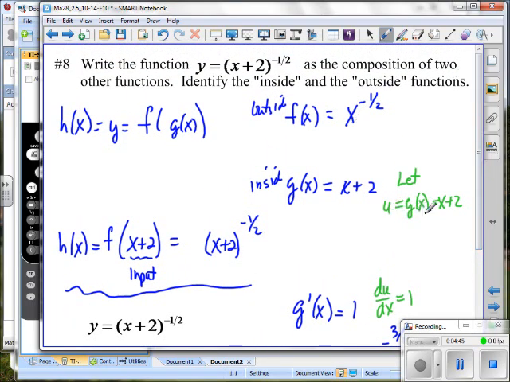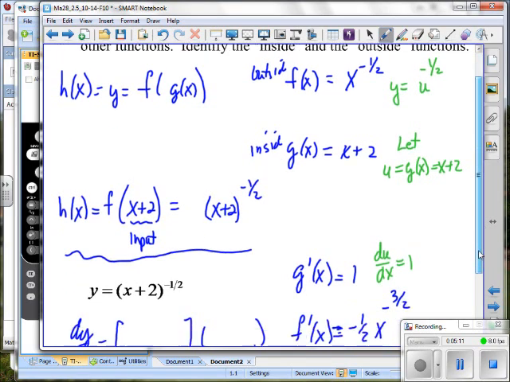If I'm going to let u be x plus 2, then I'm going to have to let y equal u to the negative 1/2. Think about it. If u is x plus 2, is that the same thing as u to the negative 1/2?